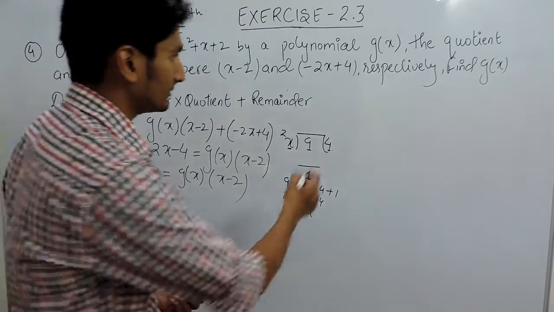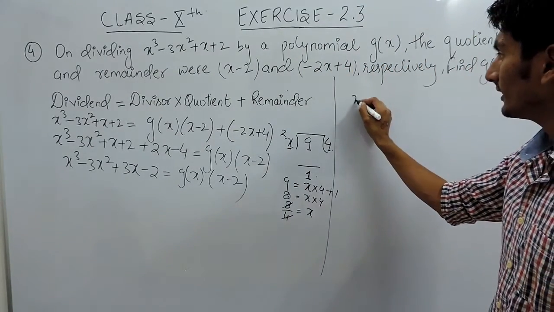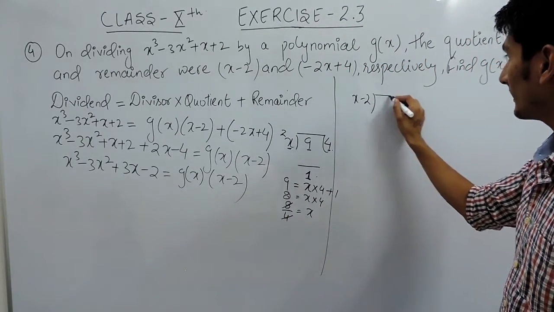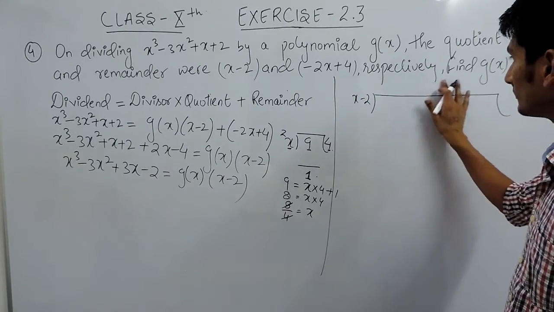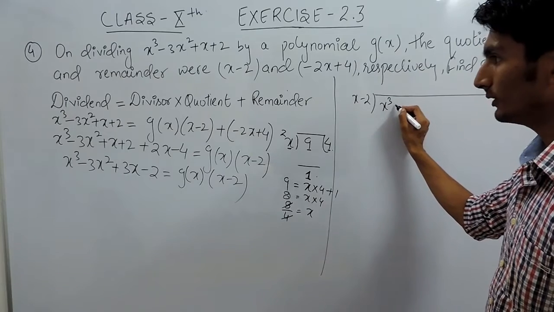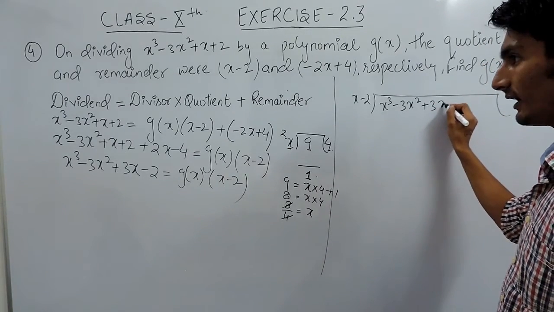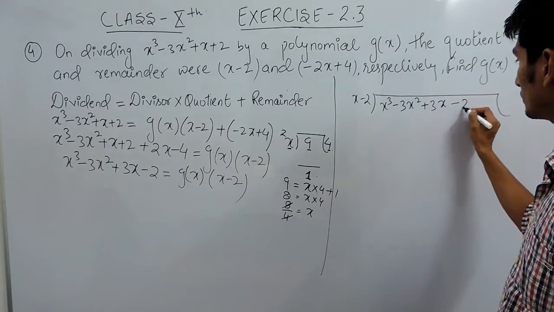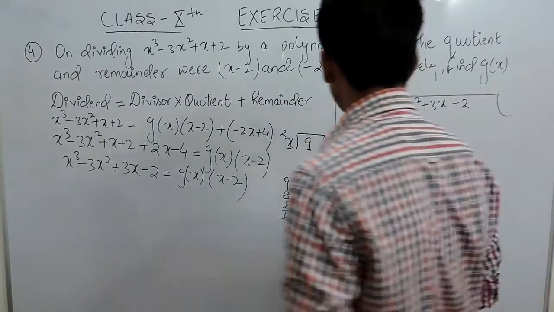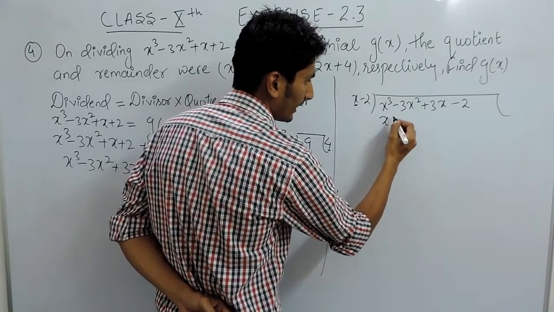So let's divide it. We know how to divide a polynomial by another polynomial. We have to divide x cube minus 3x square plus 3x minus 2. So obviously you have to first of all multiply something with x to make x cube.